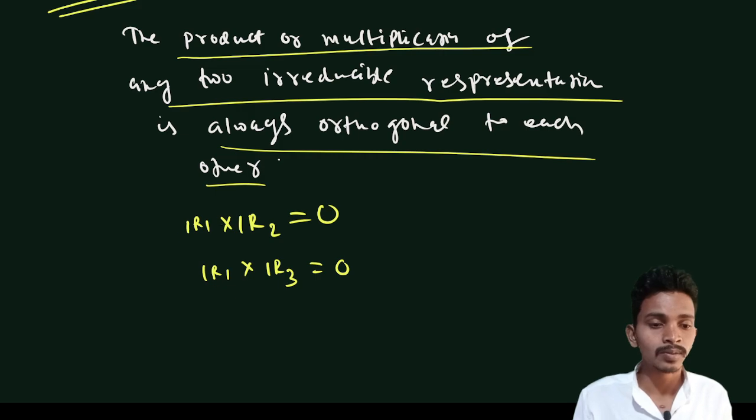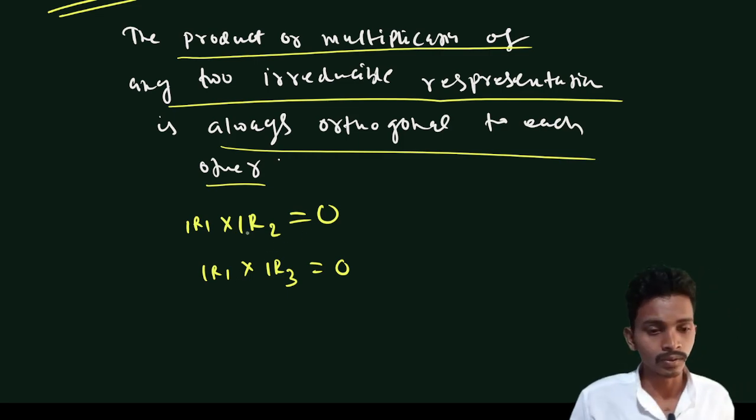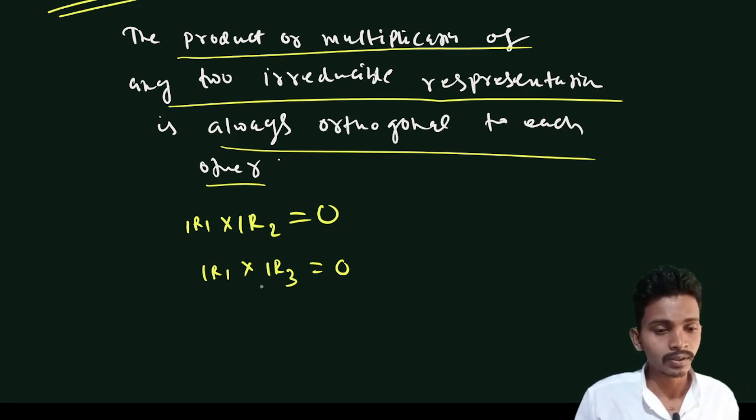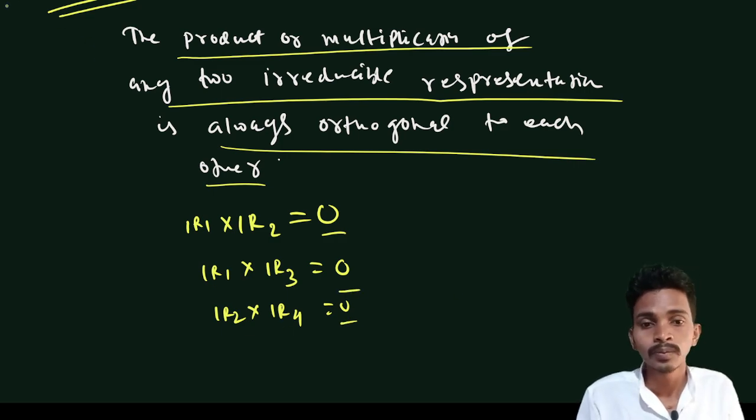Orthogonal means 90 degrees, and the vector product gives you 0. So IR1 into IR2 equals 0, similarly IR1 into IR3 is 0, and IR2 into IR4 is 0. Any two irreducible representations, when multiplied, give you 0. That's what postulate 4 says.